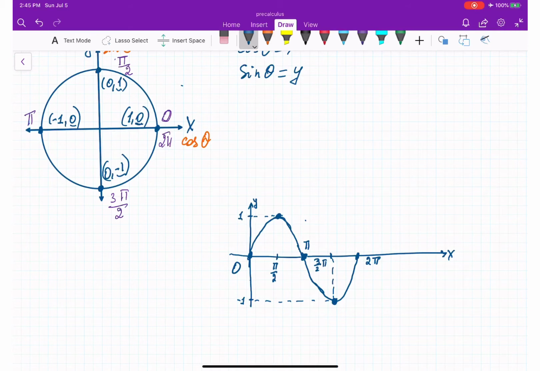From the point of 0 radians to half a pi, the graph is increasing. From half a pi all the way to 3 over 2 pi, where pi is the inflection point, the graph is decreasing.